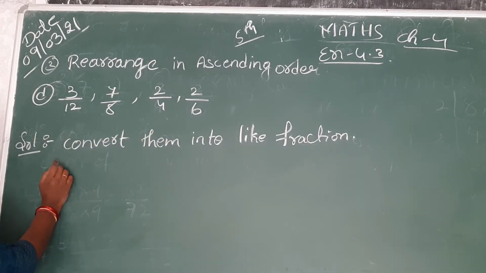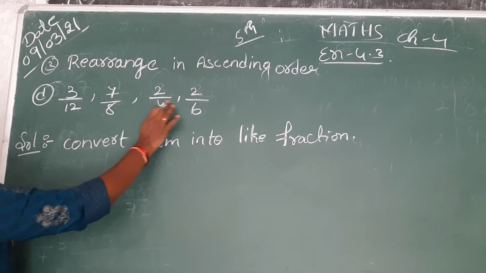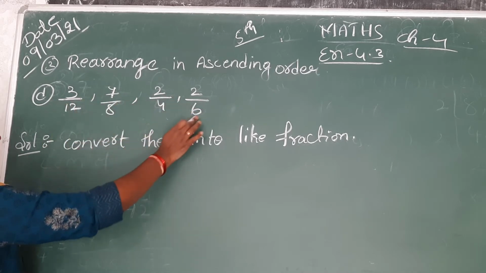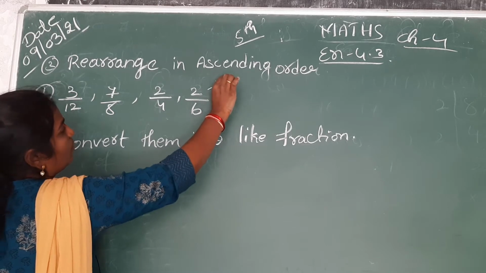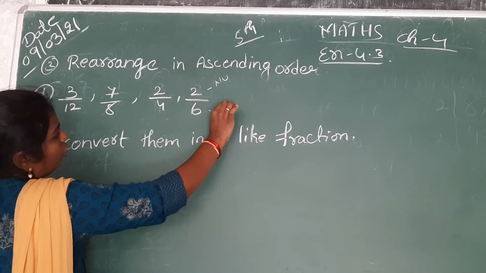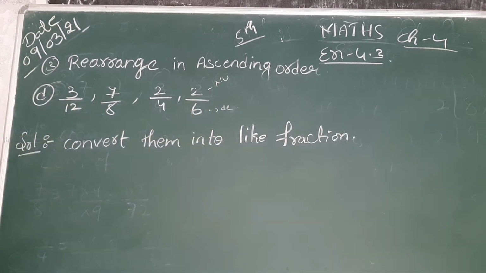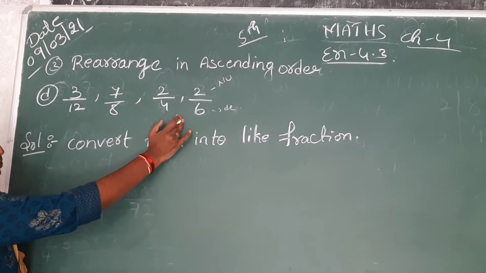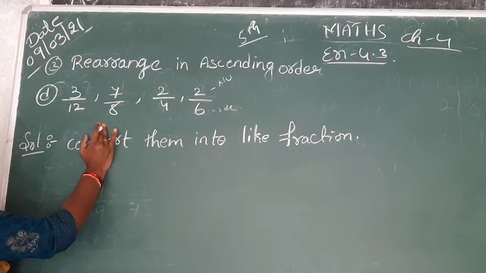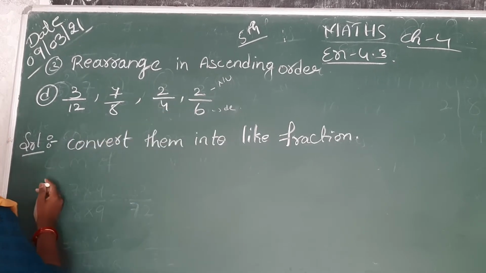So while converting to like fractions, first what we have to do? We have to find the LCM of the denominators. Upside numbers are called numerators, downside numbers are called denominators. So to convert unlike fractions into like fractions, the first step is finding the LCM of the denominators.